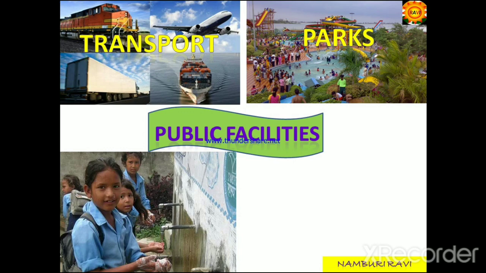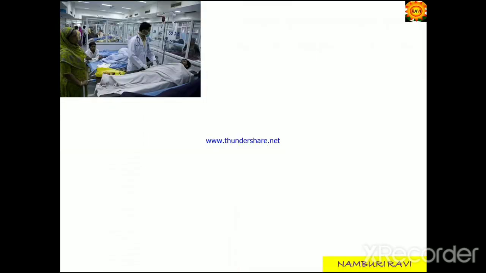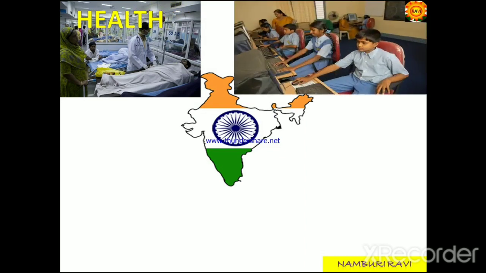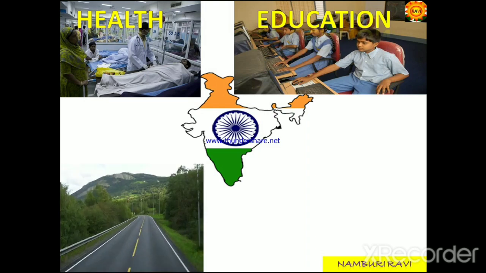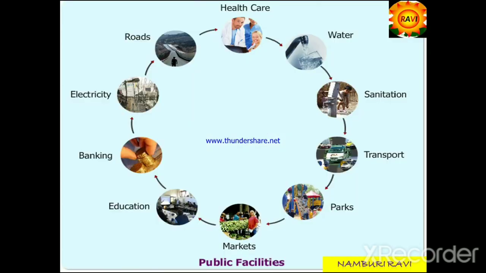And the third one is drinking water facility. And the fourth public facility is providing electricity. And the fifth one is health facilities. And the sixth one is education under the government schools. Then roads. And the next facility is the construction of dams for the development of the agricultural sector.